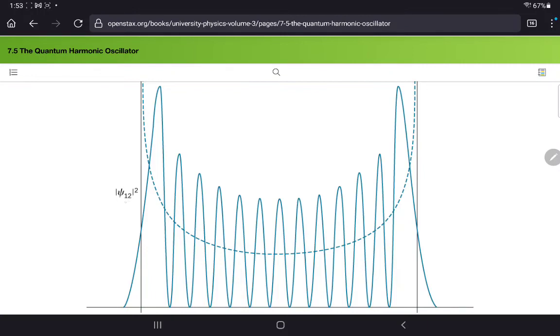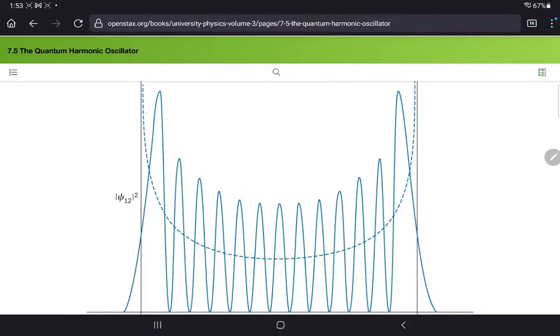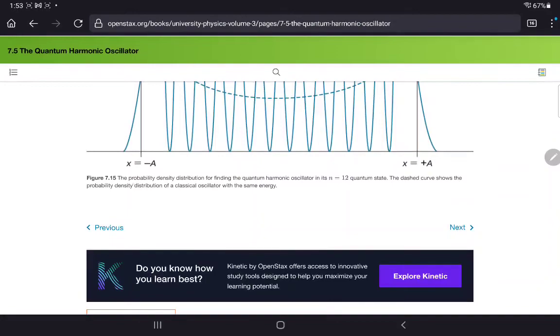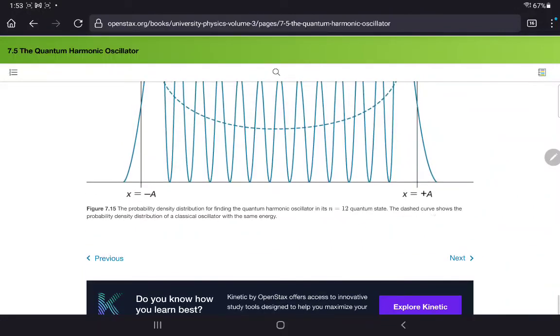So if you go up to a large quantum number, it gives you this picture that shrinks down in the middle and then gets bigger on either side. Now, the reason this is interesting is because of the dashed line. Let's read what it says: the probability density distribution for finding the quantum harmonic oscillator in its n equals 12 state. The dashed curve shows the probability density distribution of the classical oscillator with the same energy.